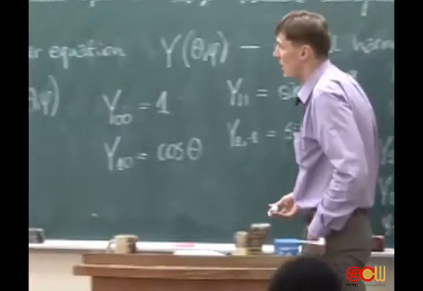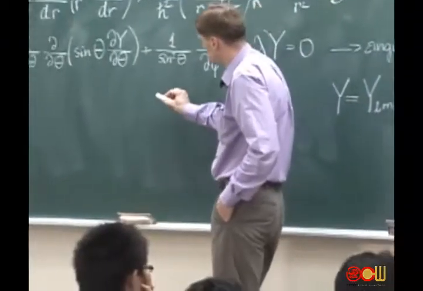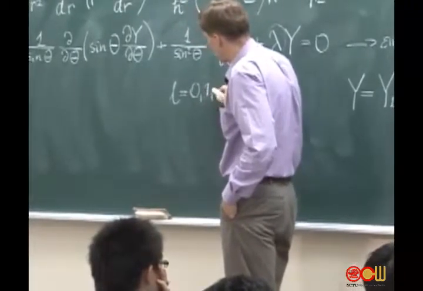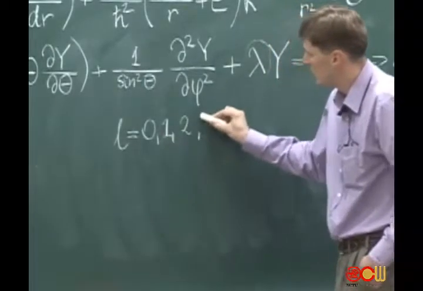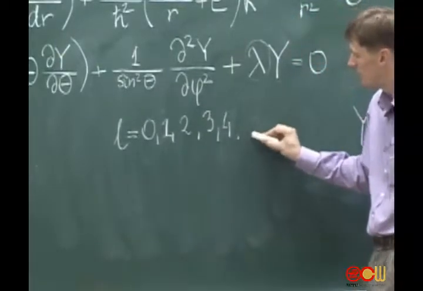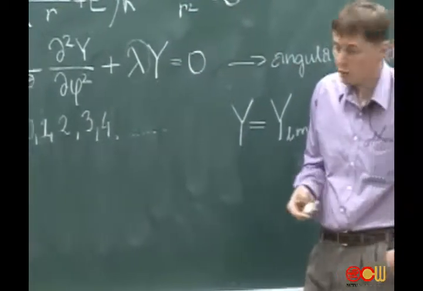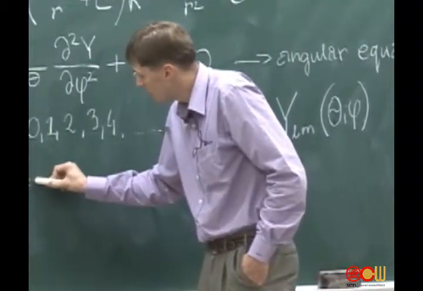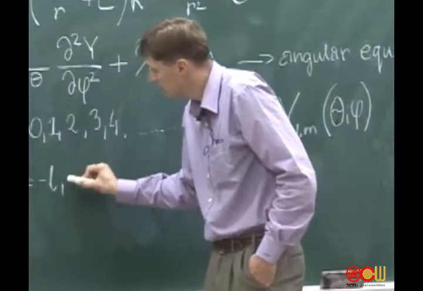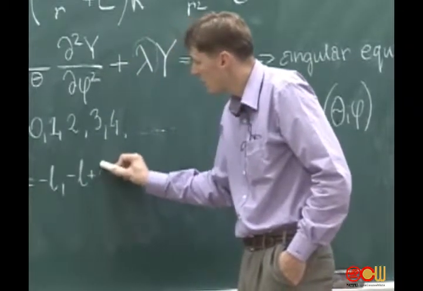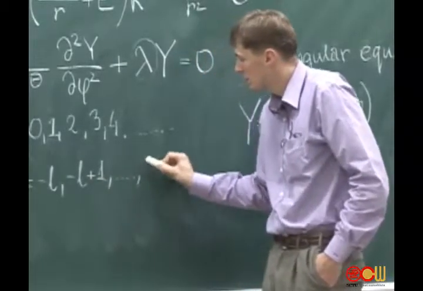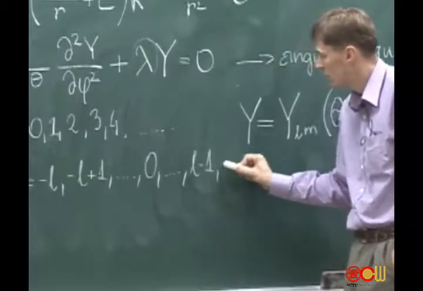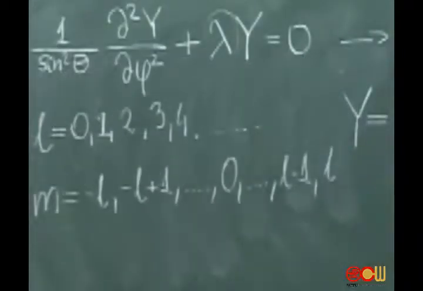The possible values are L equals 0, 1, 2, 3, 4, changing. Possible values for M are minus L, minus L plus 1, up to 0, up to L minus 1, L. Any questions?